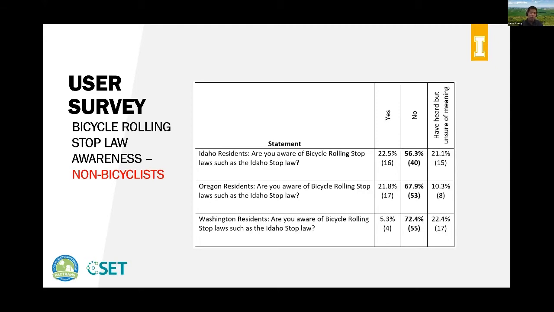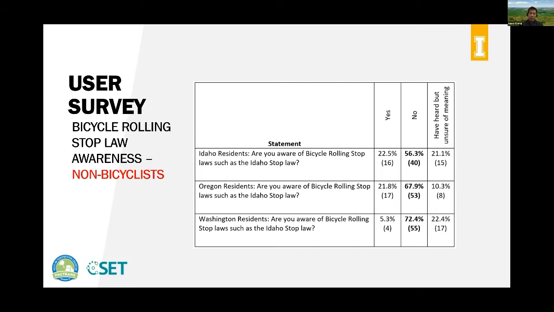And so in summary, what this slide is saying is that most of our non-bicyclists have not heard of the bicycle rolling stop law, even though it's been in effect in Idaho here now for nearly 40 years, and of course in Oregon and Washington just under 2 years. But the numbers are quite significant, between 56 and 72%, depending on the state that you live in.